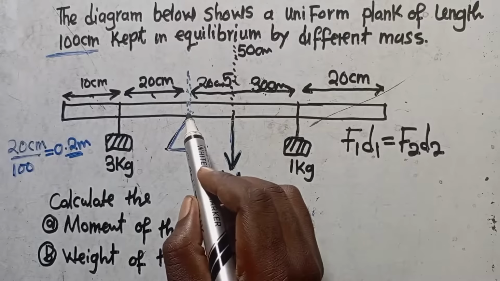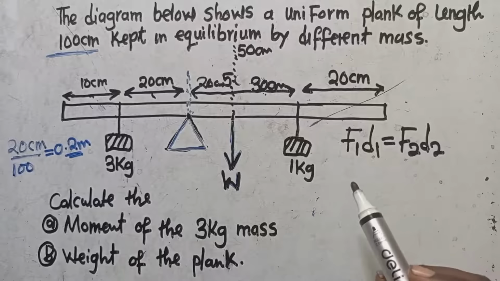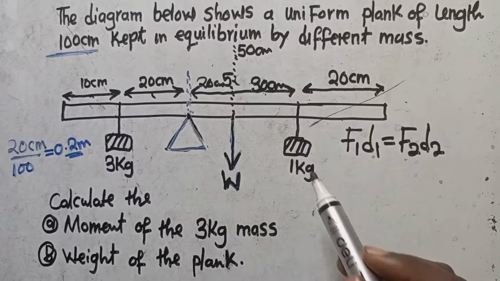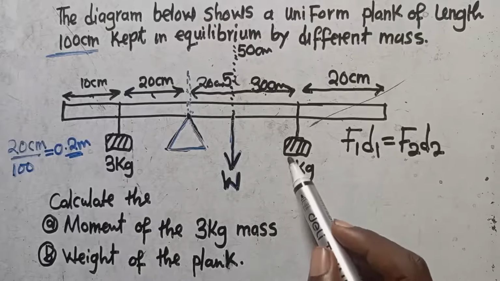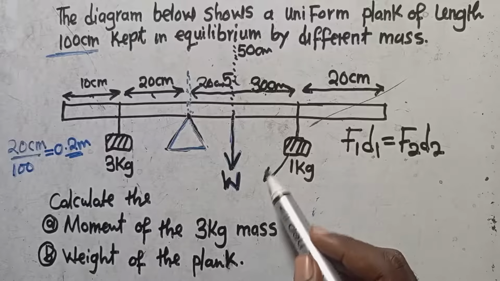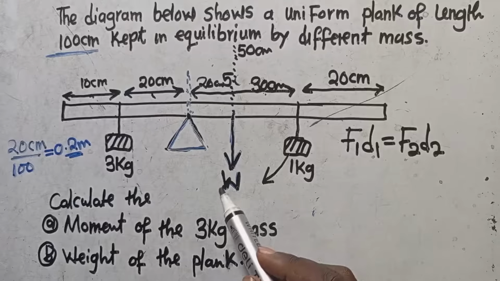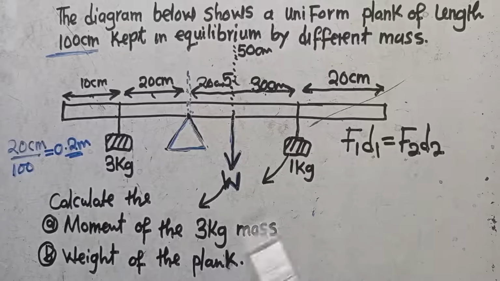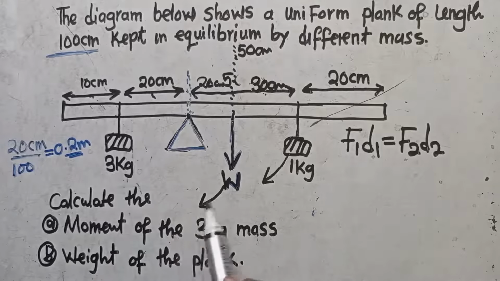The pivot is there. So now I find the moment that is in the clockwise direction. So this is in the clockwise direction. It is going like this. Even this one is in the clockwise direction. But this one is in the anti-clockwise direction.